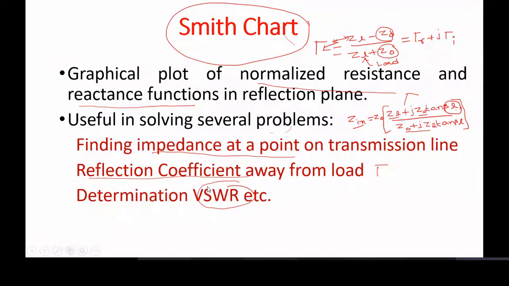So it is a graphical tool to calculate the impedance at any point on the line, the reflection coefficient and the standing wave ratio.